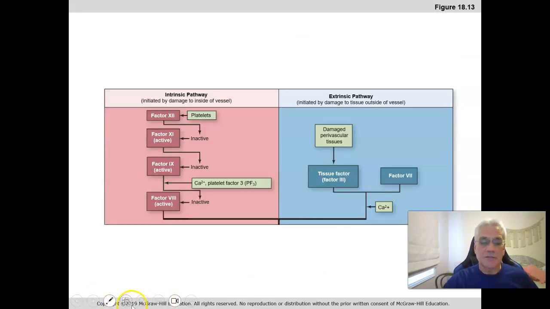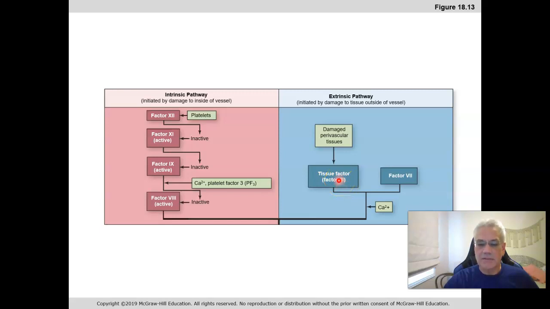Let's look at that. So here it is graphically, right? Here's the intrinsic pathway. Here's the extrinsic. Let's start with extrinsic. Extrinsic first. Damaged perivascular tissues. That means they have to be damaged from outside the blood vessel. That releases tissue factor or factor 3.